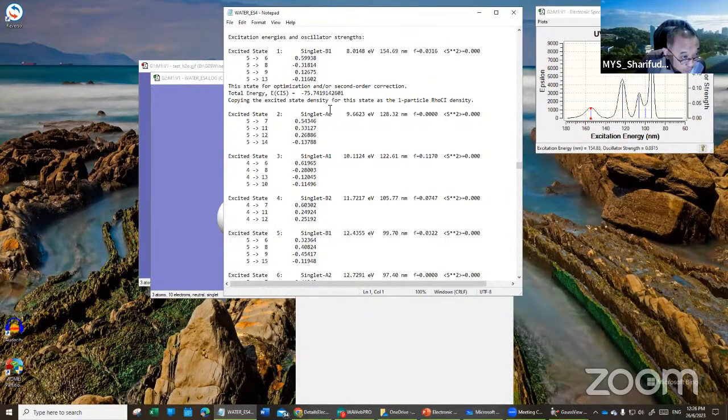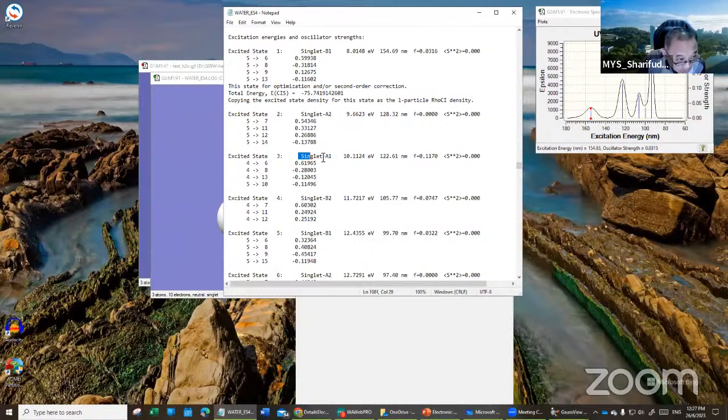Now A1 to A2, down here, which is the next excited state. So A1 to A2 is not allowed. So the oscillator strength is 0. It is not allowed, so you don't see it here, right? The next one is A1 to A1. Remember A1 is the ground state, right?